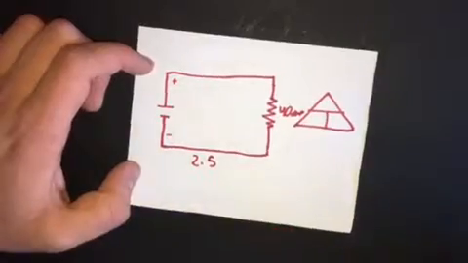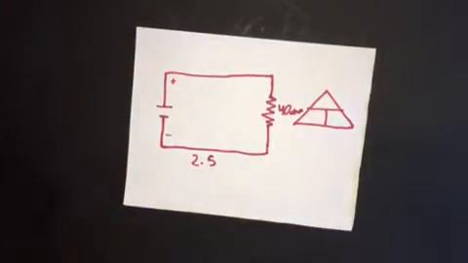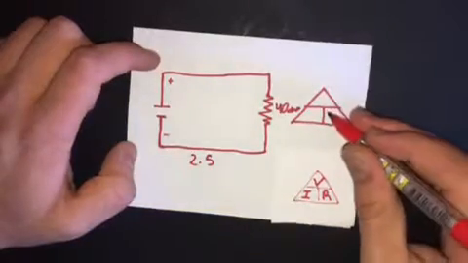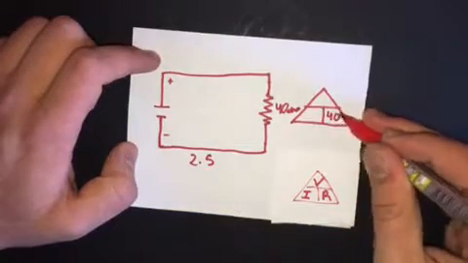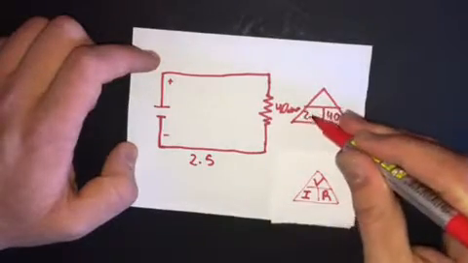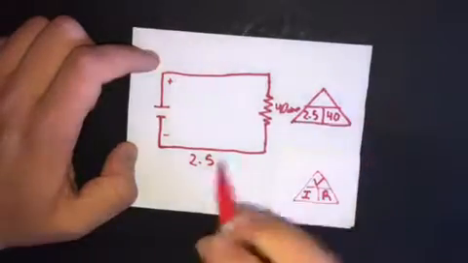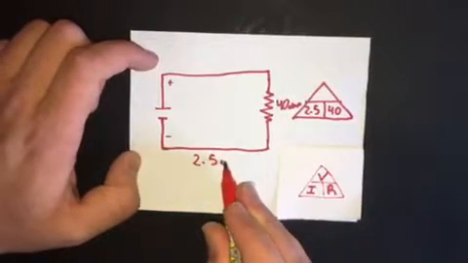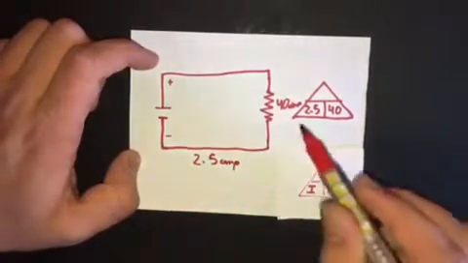So now we're again going to substitute this into the original little triangle. We're going to have 40 as the resistance, and 2.5, this is going to be amps.